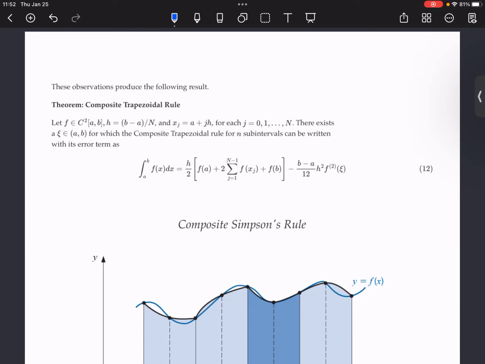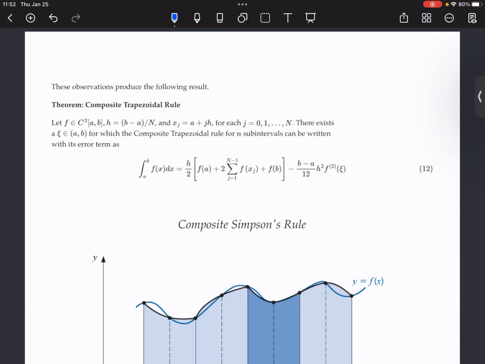And this is our error here, B minus A divided by 12 H squared, and then second derivative at C. It seems that there is not so much improvement here compared to the simple trapezoidal rule. If you just look at the error term, you don't see any improvement here.